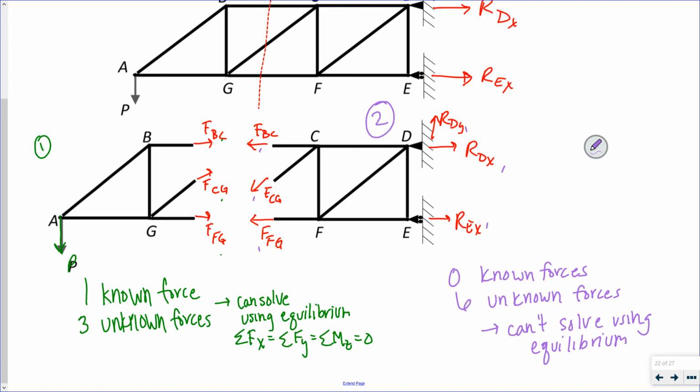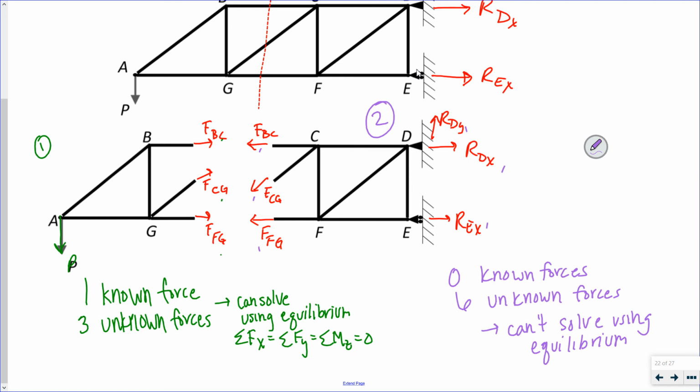You could solve for the entire thing, solve for the reactions, and then solve for the individual section number 2, because you have the 3 reactions as known. However you get to the end, I can't tell you exactly everything to do. You can go about it a number of ways, but these are different approaches that you can take.